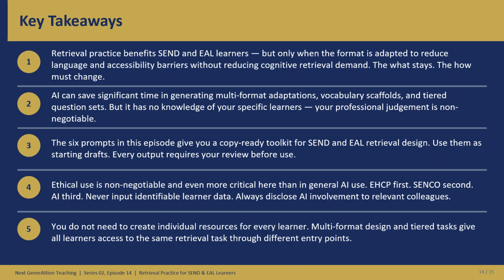Never input identifiable learner data. Always be transparent with colleagues about AI involvement in SEND planning. 5. You do not need to create individual resources for every learner. Multi-format design and tiered tasks give all learners access to the same retrieval task through different entry points. That is not lowering expectations, that is raising access.